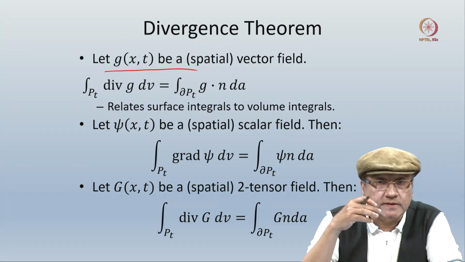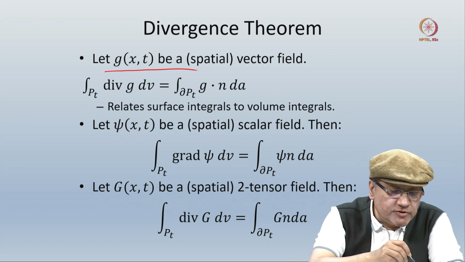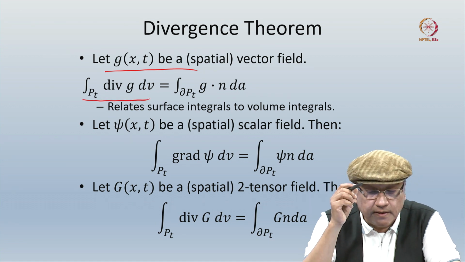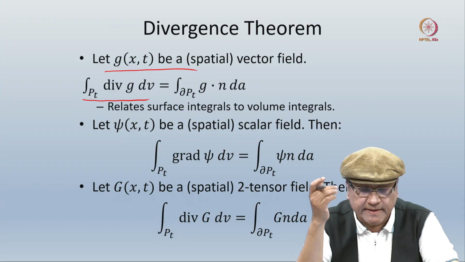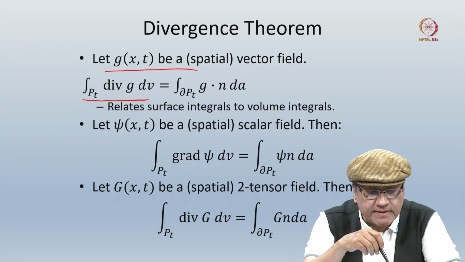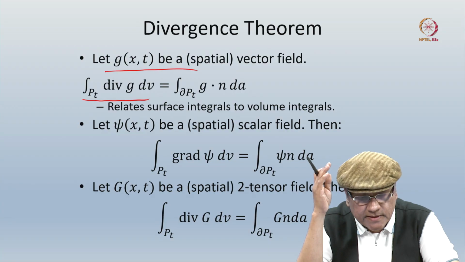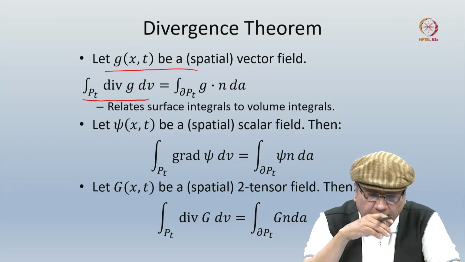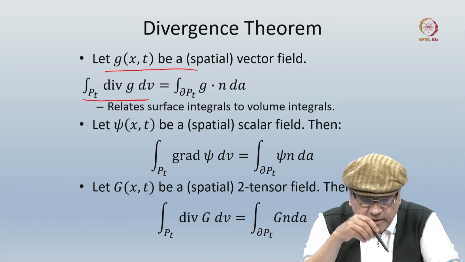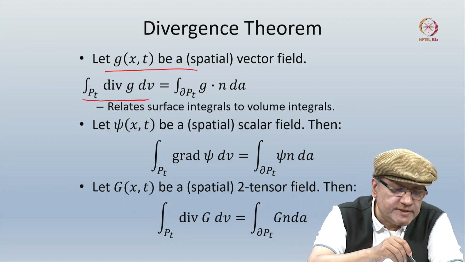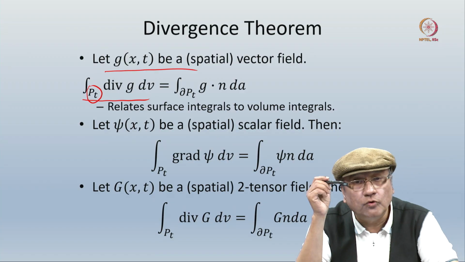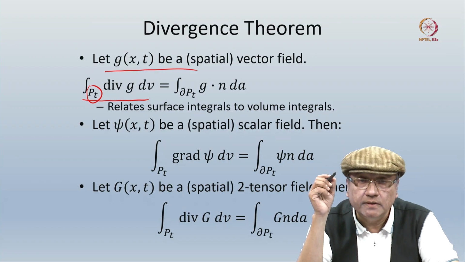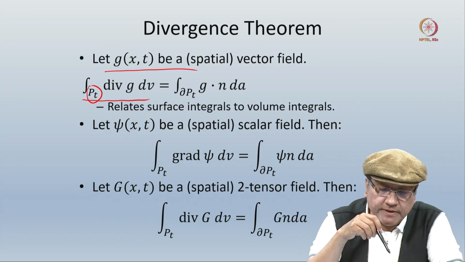What the divergence theorem says is that this volume integral is related to the surface integral, where the surface is nothing but the boundary of Pt, which is a proper subset of omega t, that is the spatial body at time t.